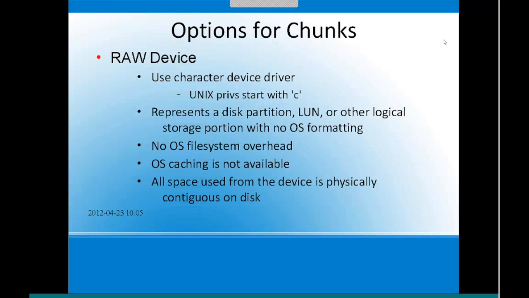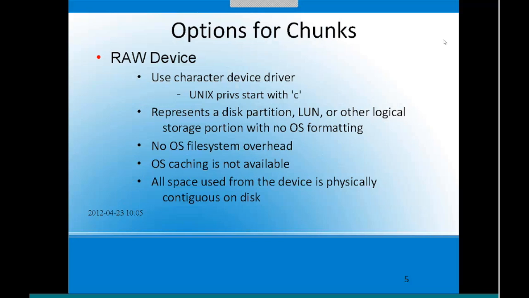Okay. So let's start. You have various options for the chunks in your Informix instance and for other databases in general. So this is not specific to Informix in any way. One is to use raw devices. Those are the character devices on a Unix system where the privileges start with the letter C. Okay, they represent a disk partition, a logical unit, some other logical or physical partition of your storage with no operating system formatting, no operating system overhead, no caching.